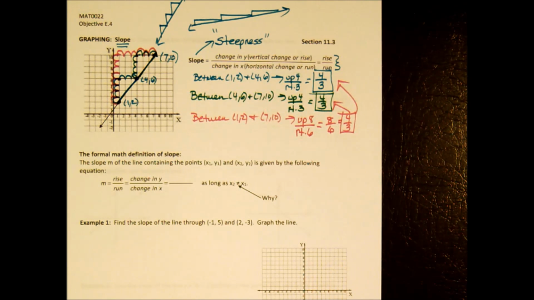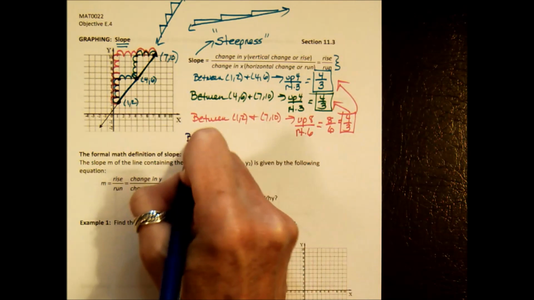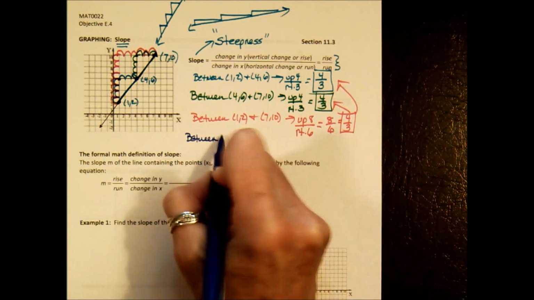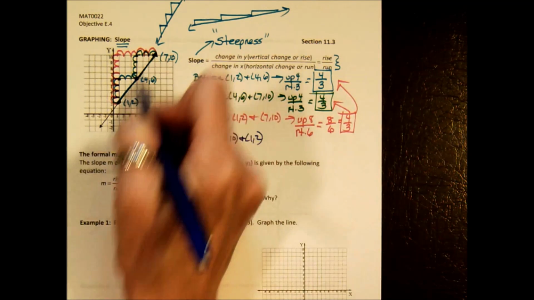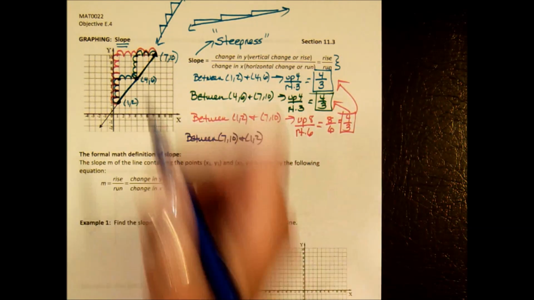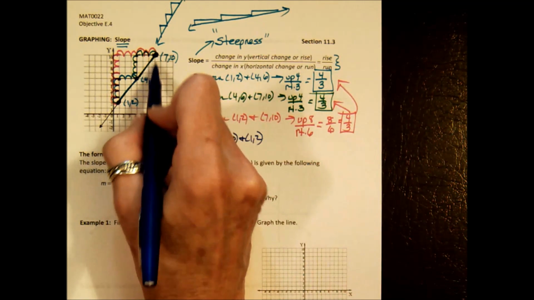And in fact, let me see if I can do it with another color that will show up. Let's try it with this purple color. Let's try it between (7, 10) and (1, 2). So we're going to go down counting. How do I get from this point traveling down to this point? Well, I have to go down first, don't I?